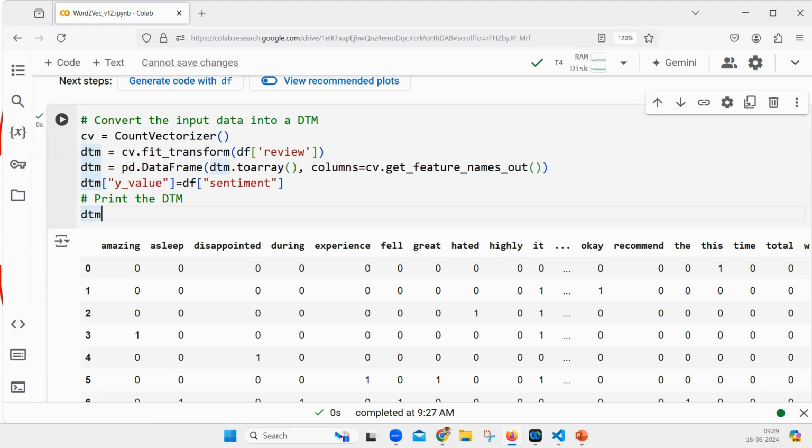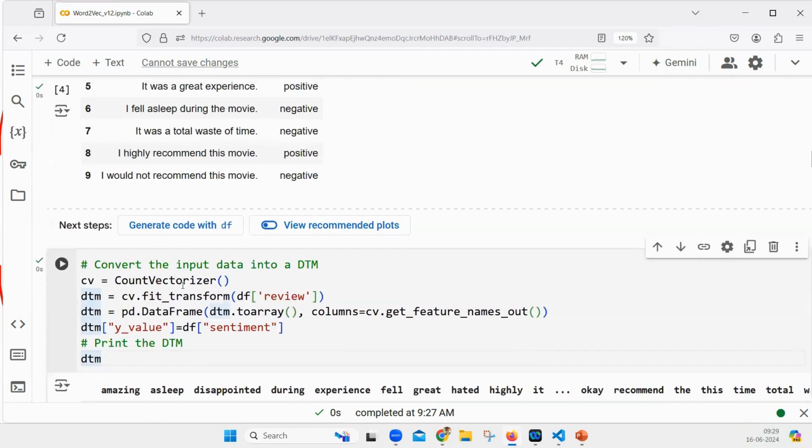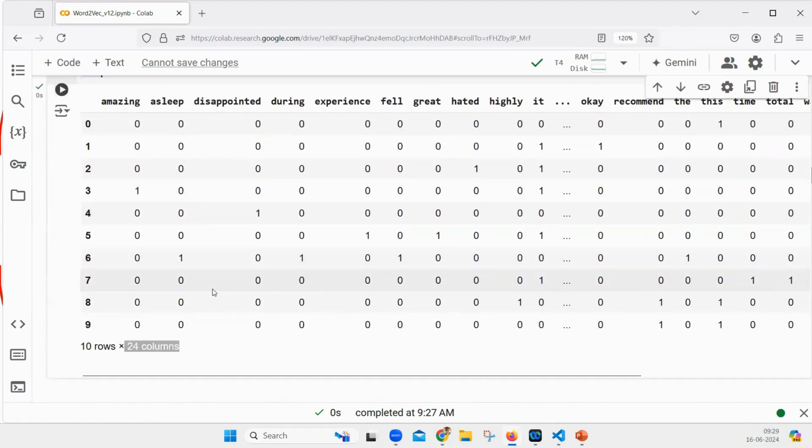Do you have the document term matrix, all of you? This one, the second one that I'm talking about. 10 rows and 24 columns.